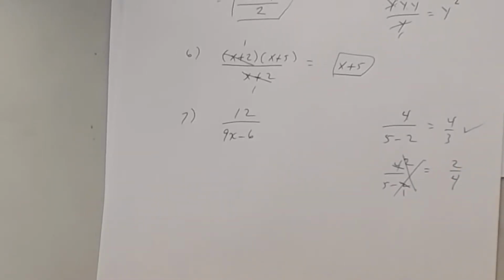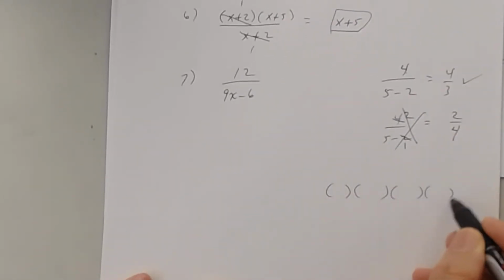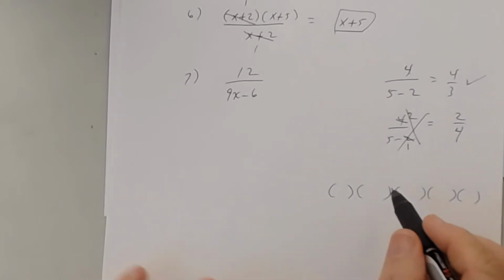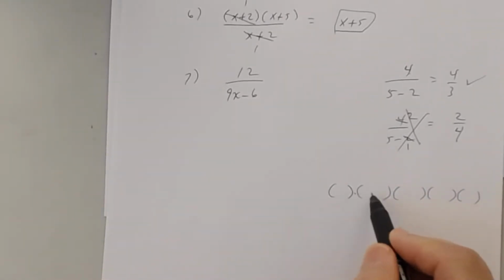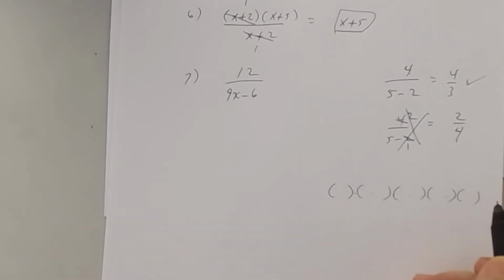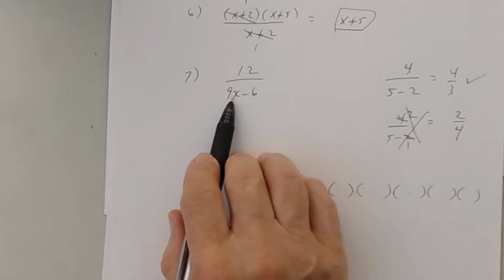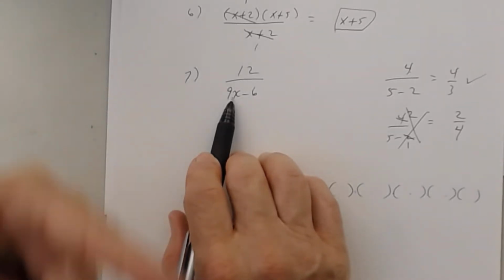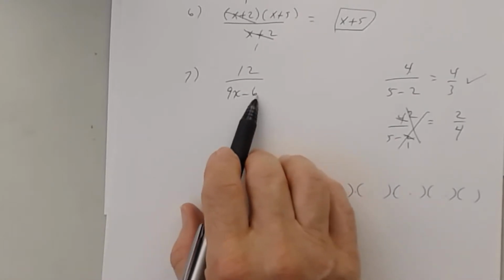You have to remember that you can only reduce factors, and factors are separated by the operation multiplication. Something times something times something, and so on. When I read this, this is read as 9 times x, minus 6. So the 6 is not a factor.